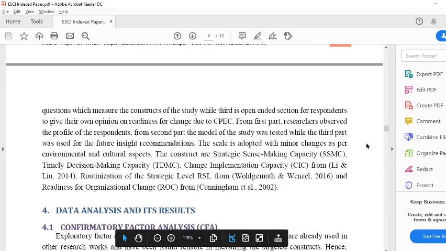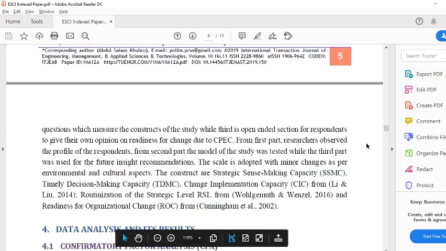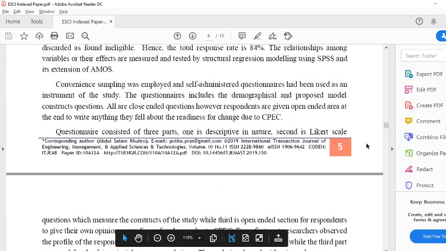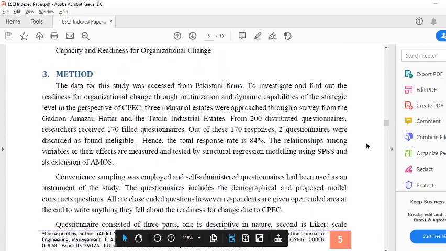From the same thesis, this paper has been extracted and published in a well-reputed journal. This is a Clarivate indexed journal, and this paper is extracted from the same research thesis. So this was all for this introductory lecture related to research design.